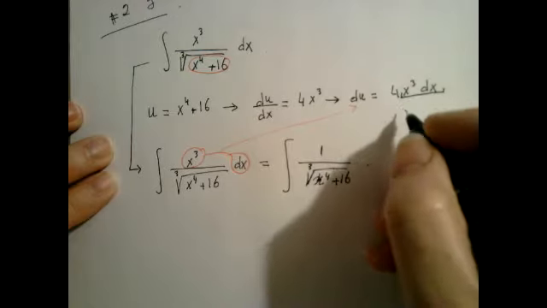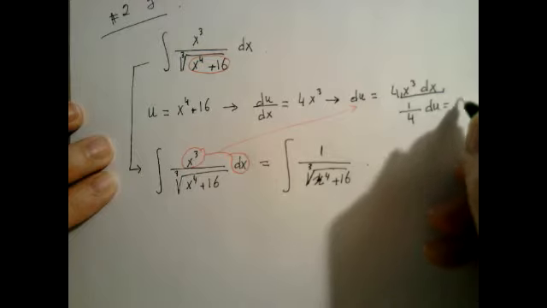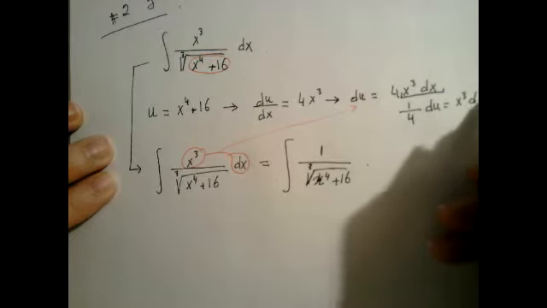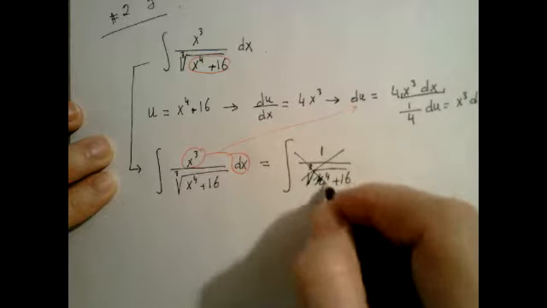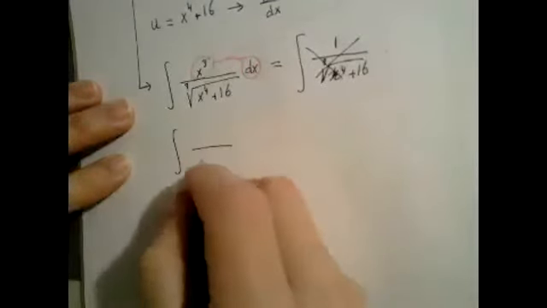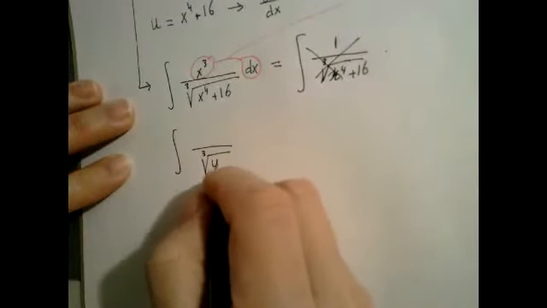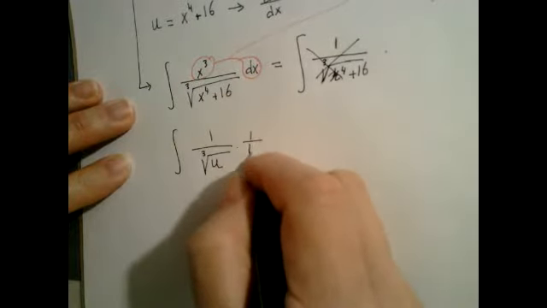So I'm going to divide by 4 both sides to isolate x cubed dx. Sorry, I didn't mean that. I meant to write the cubic root of u. And the top part, x cubed dx, is 1 over 4 du.